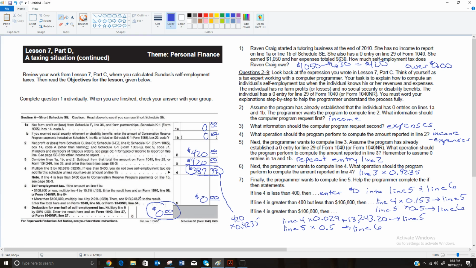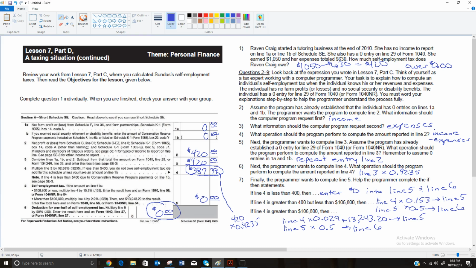The reason that they do that is, and this is why some people get upset with the way taxes are handled, after that $106,800, that initial amount that you have to pay 15.3% on, if you make above that, then after that you only have to pay 2.9%.